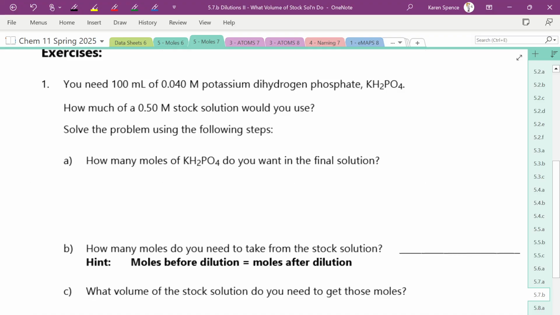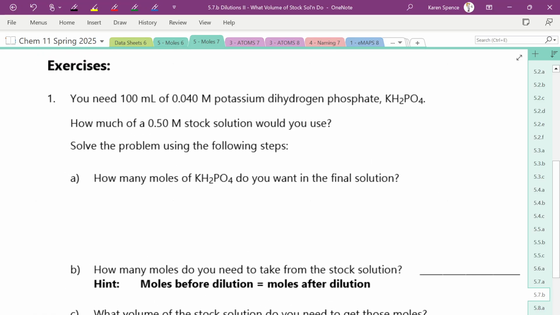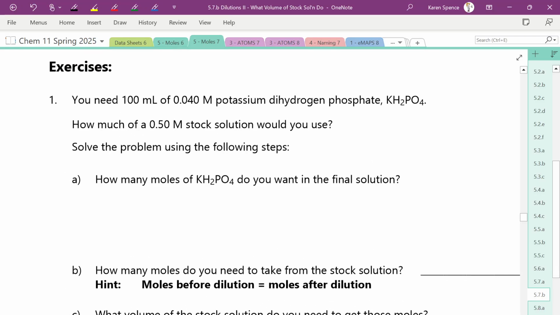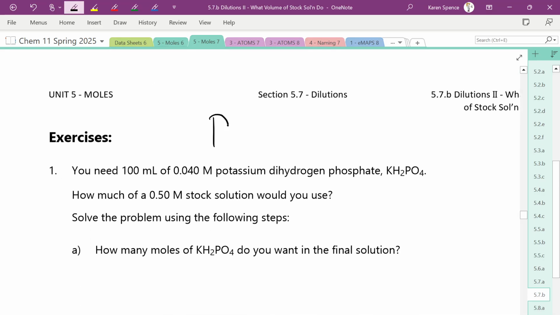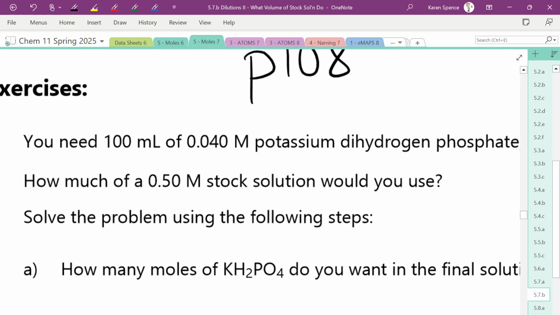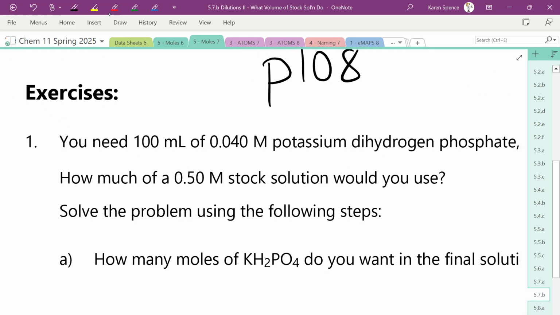All right, we're going to go through this first exercise together. So this is on page 108. And the first thing we're going to do is add a decimal place so that we actually have some reasonable sig figs. So we're going to put a decimal place after that 100.